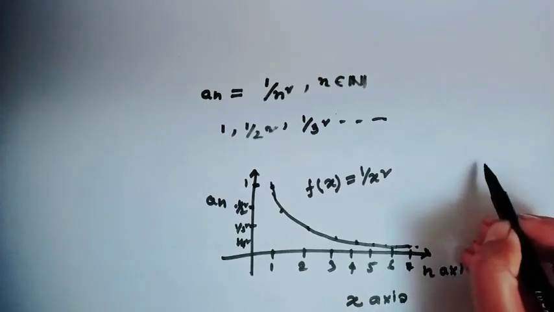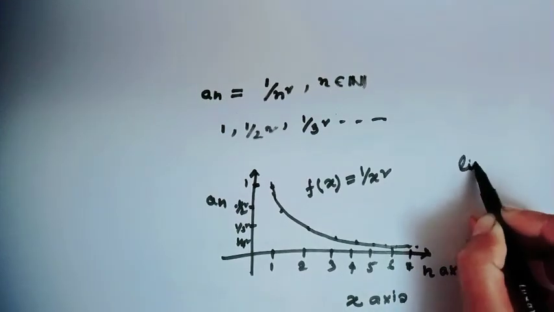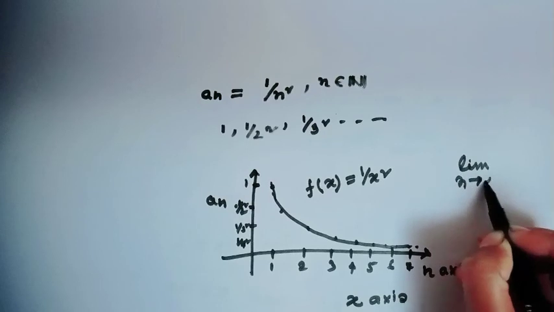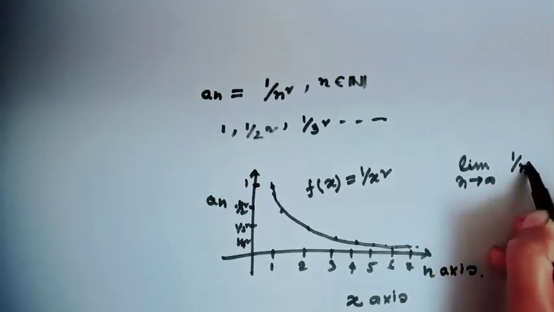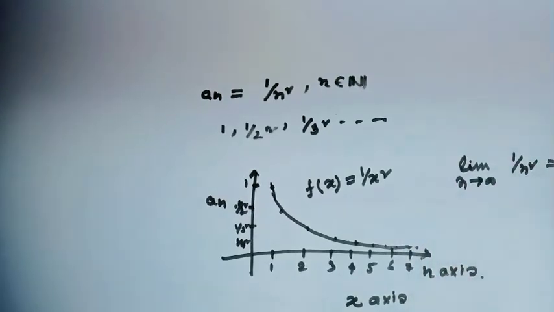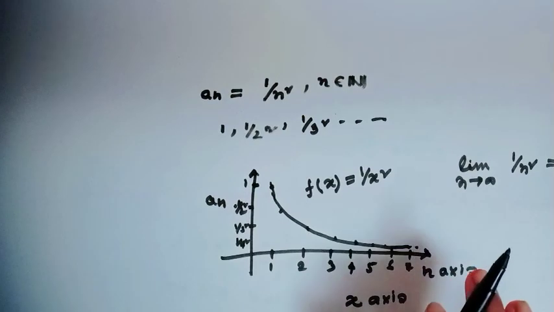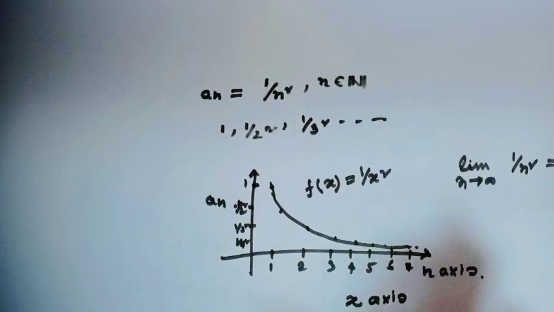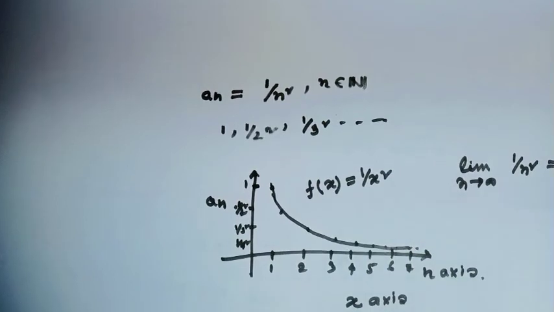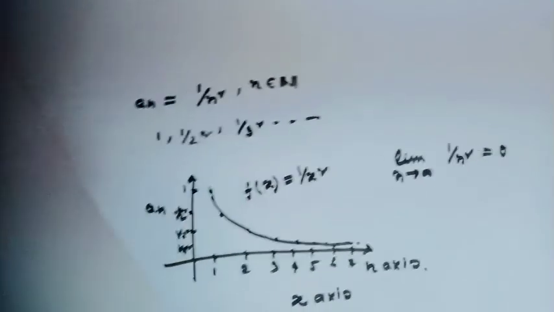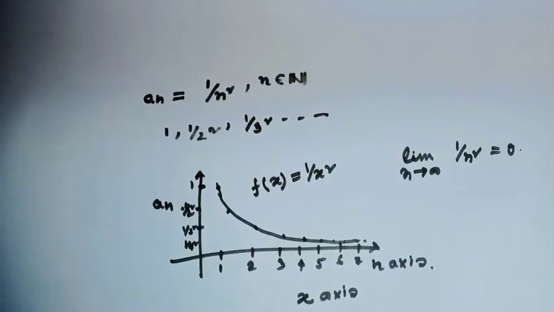Limit as n tends to infinity of 1 over n square equal 0. That means when n is very large, then the terms of the sequence are close to 0.